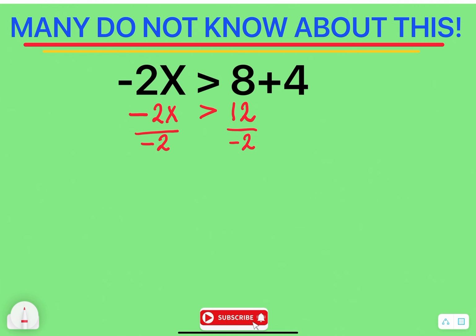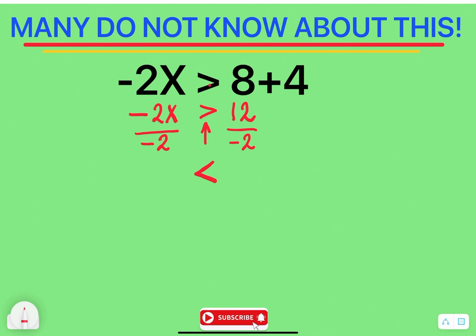Divide by negative 2. So this is the most important part I am talking about that many do not know. When we divide an inequality by a negative number, the inequality sign switches. It changes the way.